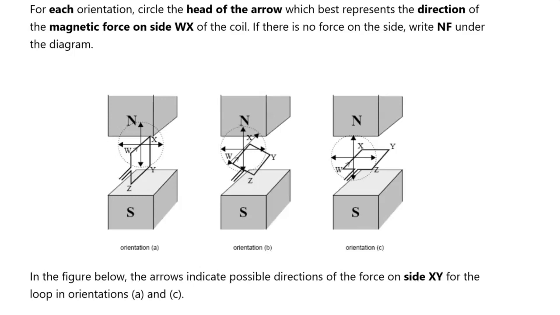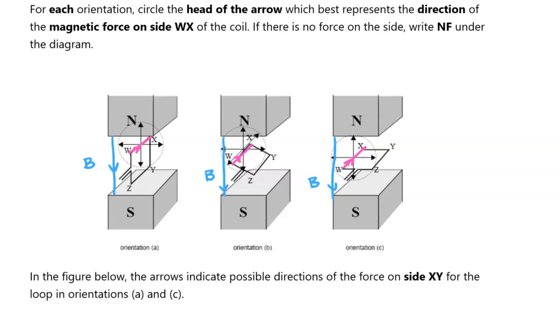Okay. So let's, just for our reference, put a magnetic field line pointing in this direction, just so that's something that we can tick off our mental list and have something visual to refer to. The current we can see was traveling from W to X in each of these examples. So if you look at every single scenario we have here, we can see that there's no situation where that magnetic field is parallel to WX.